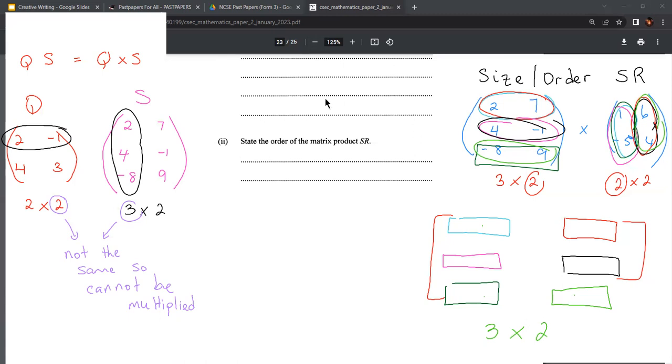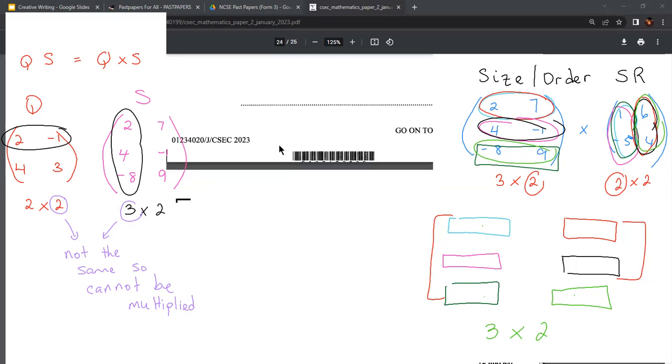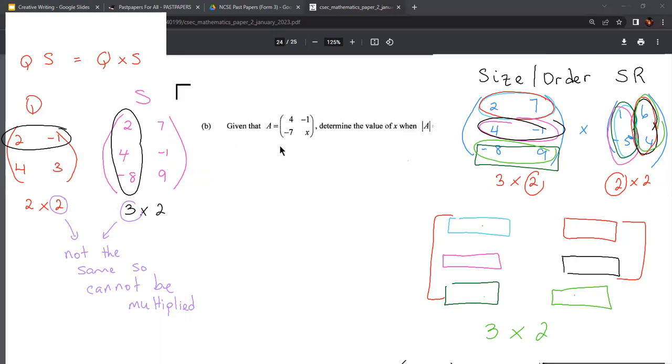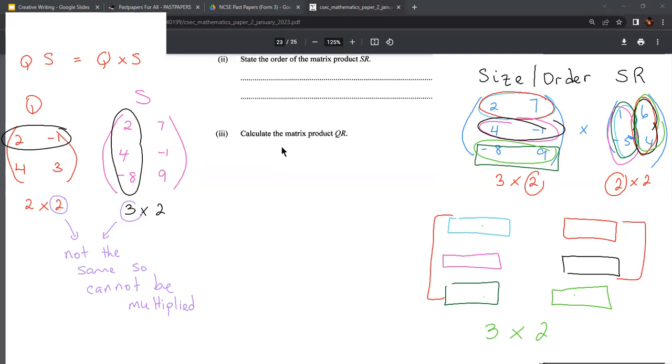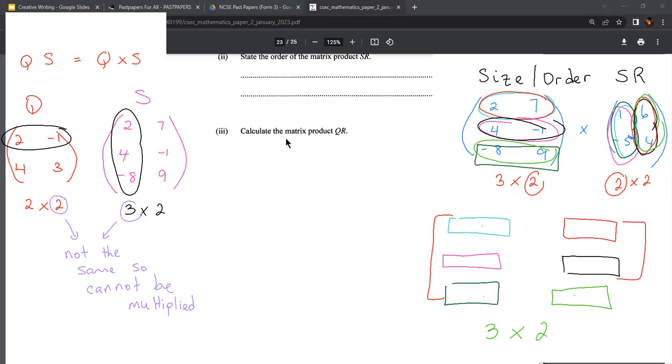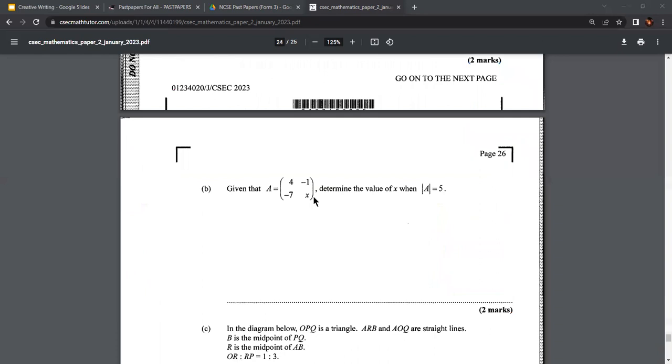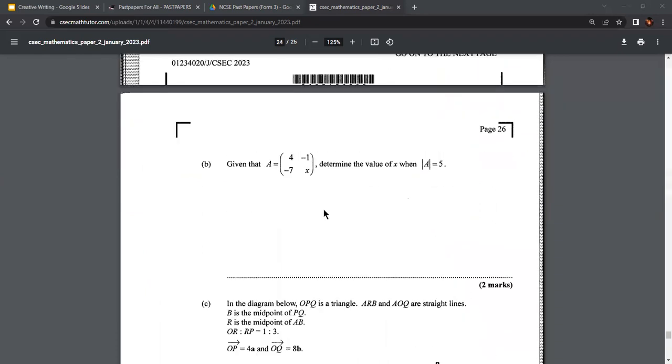All right, so let's look at the last one now. Oh, not the last one. Let me just see the rest of this question. Nice. So they gave us these.